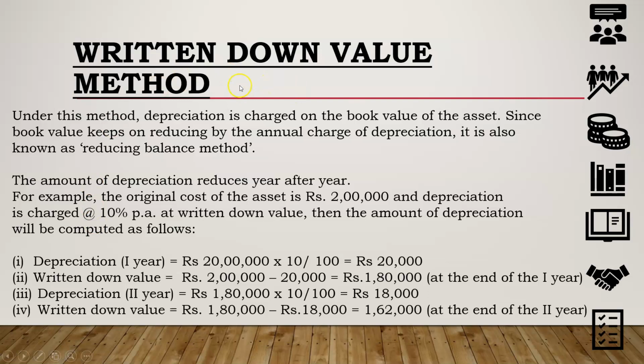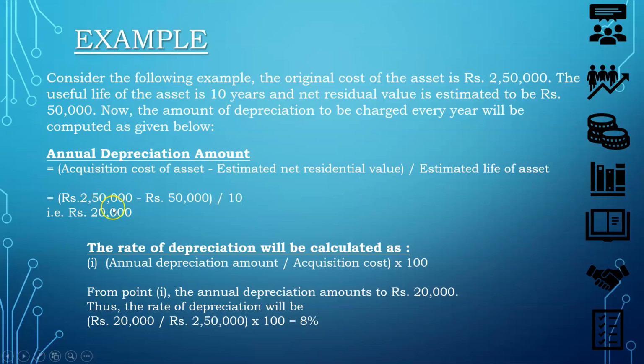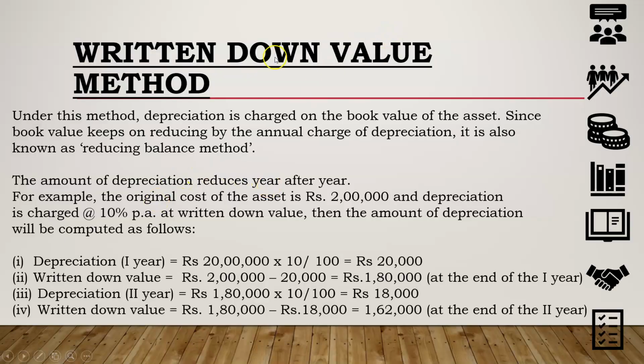So with the help of the written down value method, we will see that the amount of depreciation reduces year after year. Here there was a fixed amount every year, that was 20,000 rupees, but in the written down value method, there will be different depreciation for each year which will keep on reducing. For example, the original cost of the asset is 2 lakh and depreciation is charged at 10% per annum at written down value.